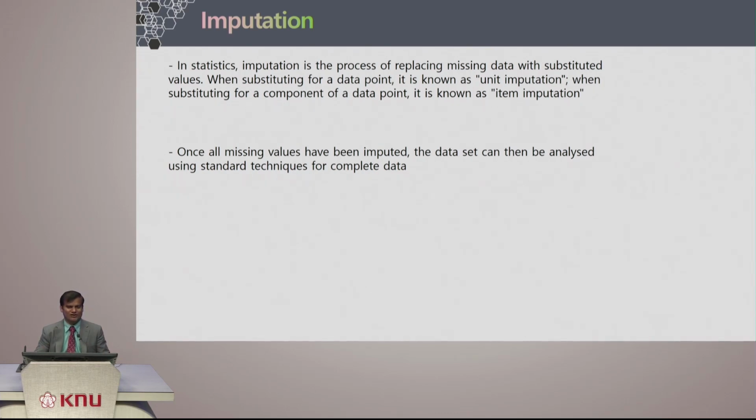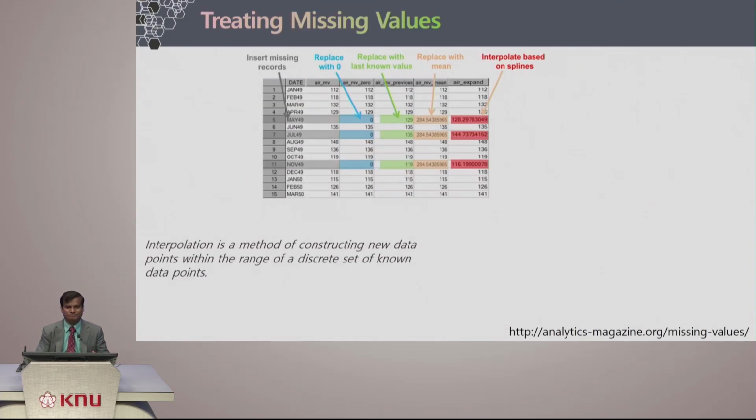Basically you are going to replace or substitute a value for the missing data. Once you have all missing values imputed, the data set can then be easily analyzed using standard techniques, because you have the complete data after performing the imputation.